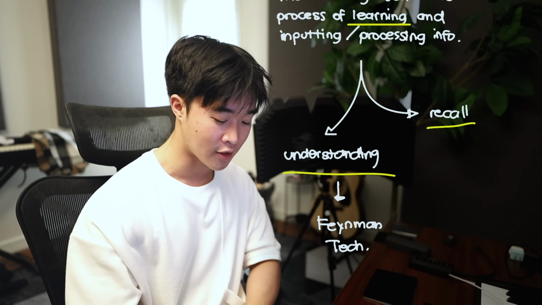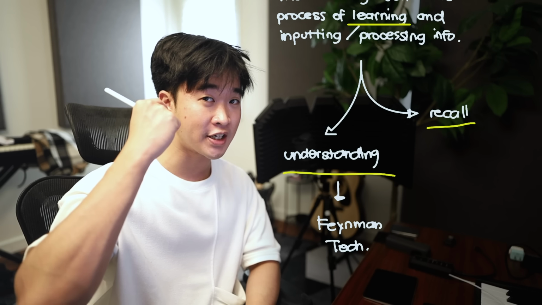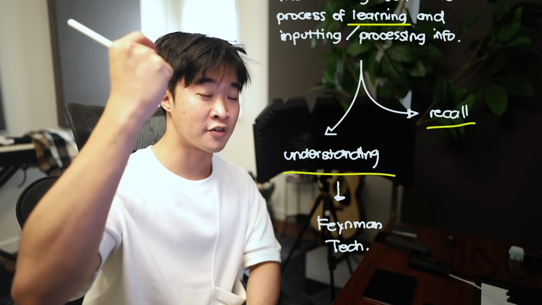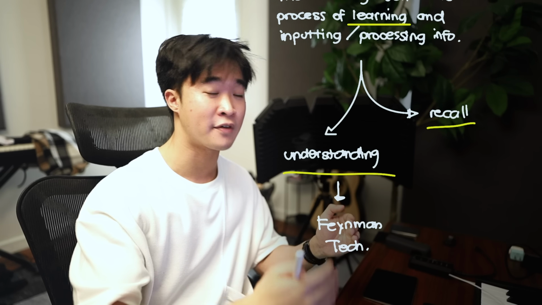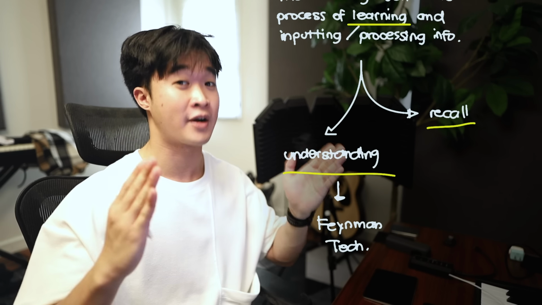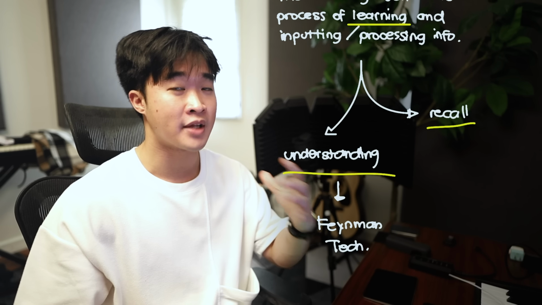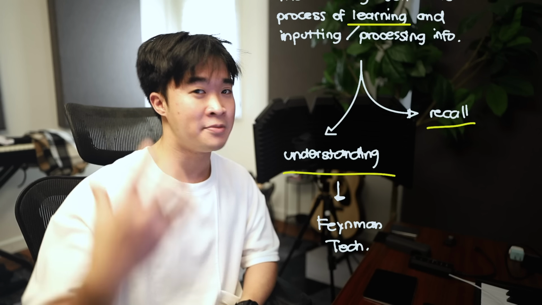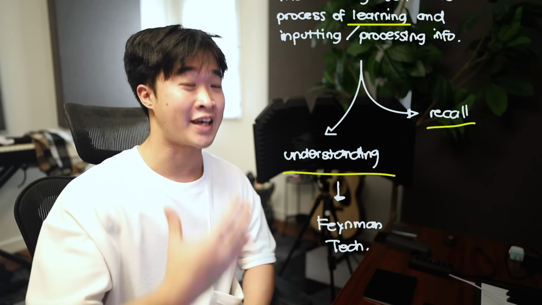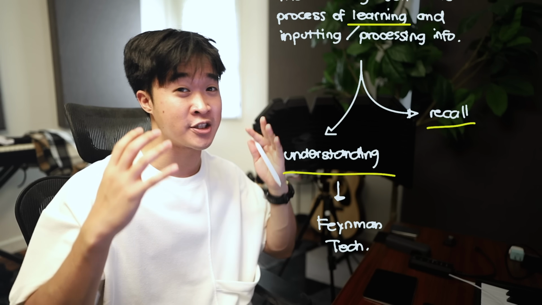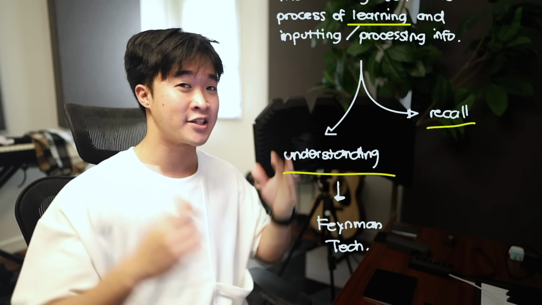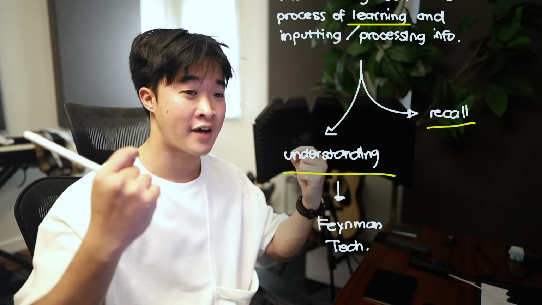The other end of encoding is recall, which is essentially the ability to recall information without having a specific reference. Understanding and recall are very different things. Most people assume that when they understand something, they can immediately recall it, which to some degree they can, but recall is actually a separate skill to learn, and that is to conjure a specific fact from nothing.